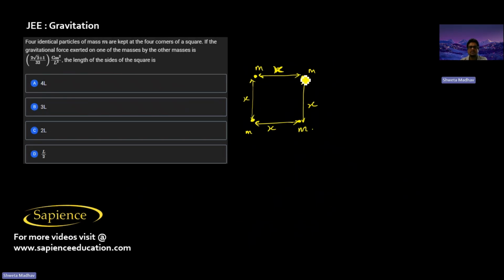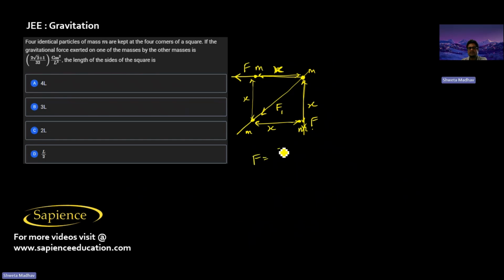So the force on this mass will be how much? Suppose this is force F, and this is F1, then this will also be F. The resultant we have to find out.